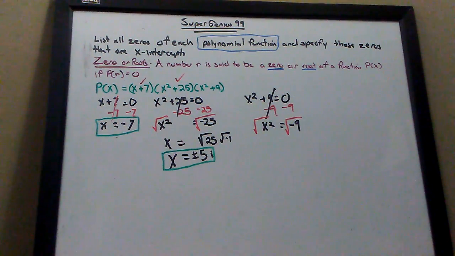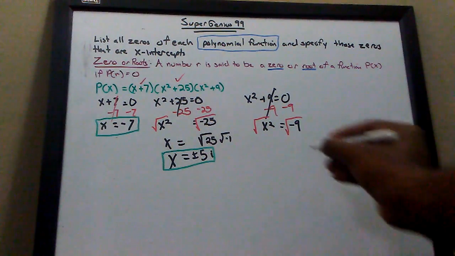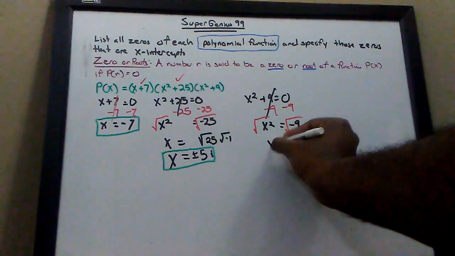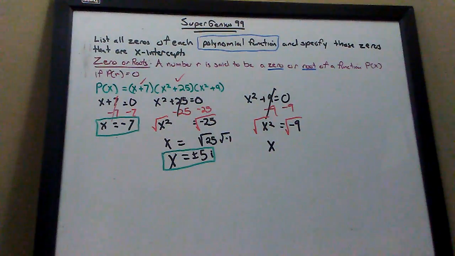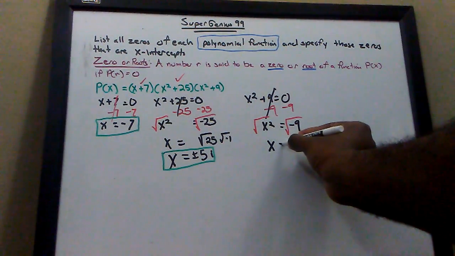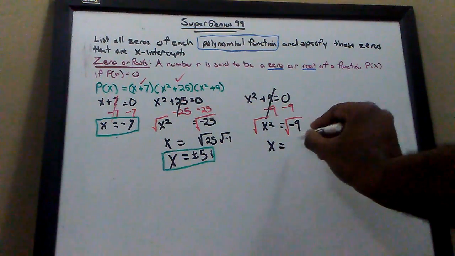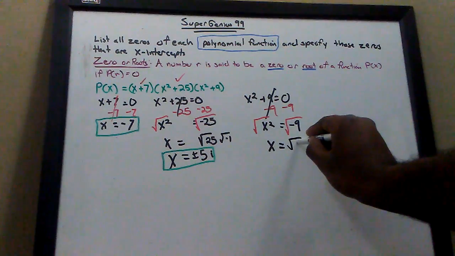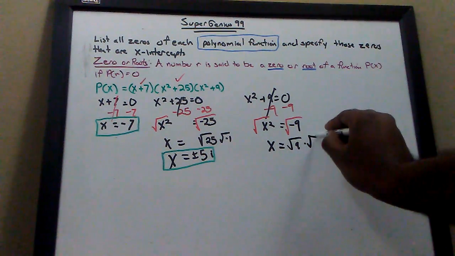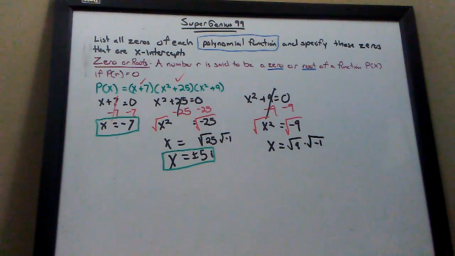Okay, so the square root of x squared is just x. Okay, and then similar to the last one, we can break up the square root of negative 9 into the square root of 9 times the square root of negative 1.